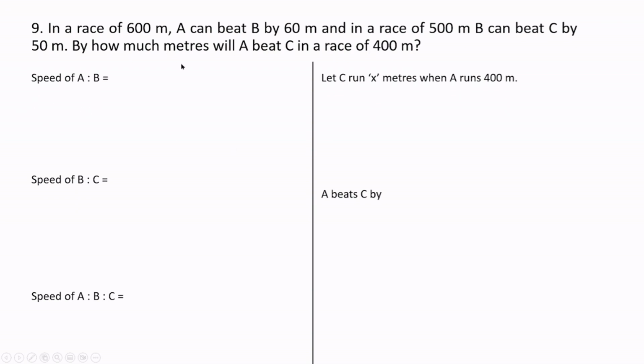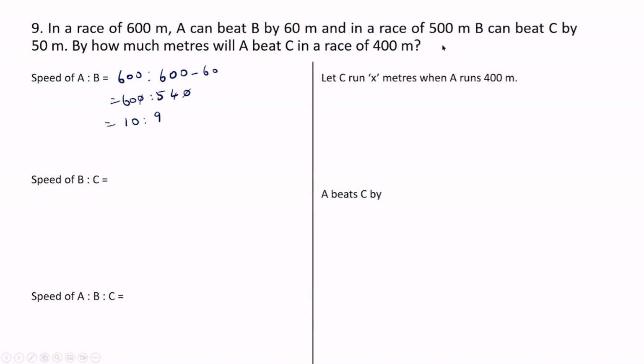So here speed of A is to B is, when A runs 600 meters, B runs 600 minus 60, which is 540. So this is 600 is to 540, or when we simplify it, 10 is to 9. And next it is given in a race of 500 meter, B can beat C by 50 meters.